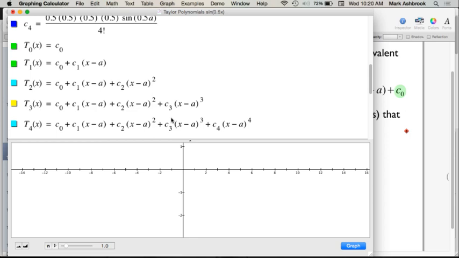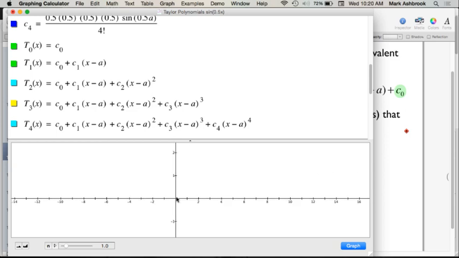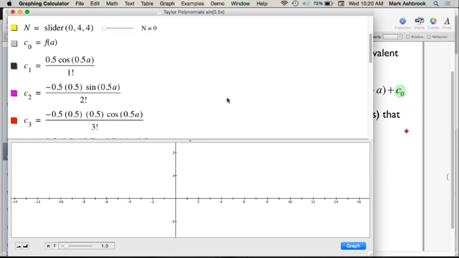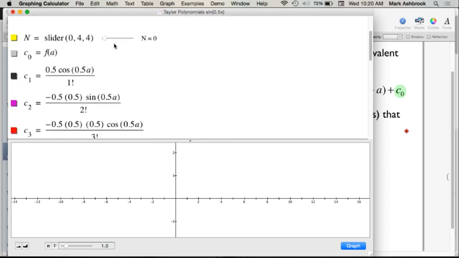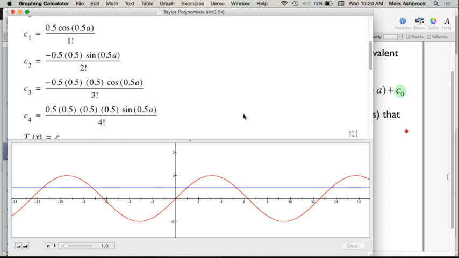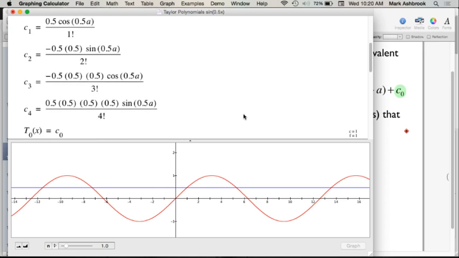All right, so I'm going to show you these compared to the function. The red graph is our graph that we're trying to approximate. Right now I'm showing you the 0th Taylor polynomial, T0. What does it get correct? The only thing it gets correct is the function value at 1, right there.